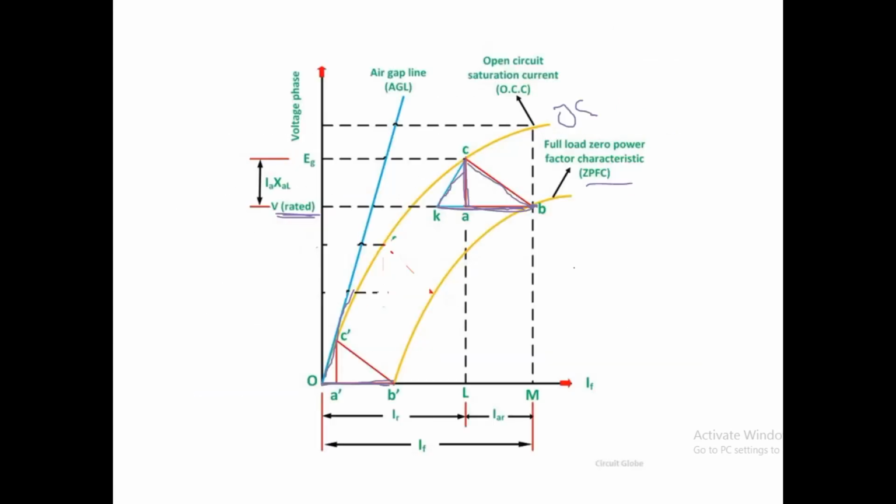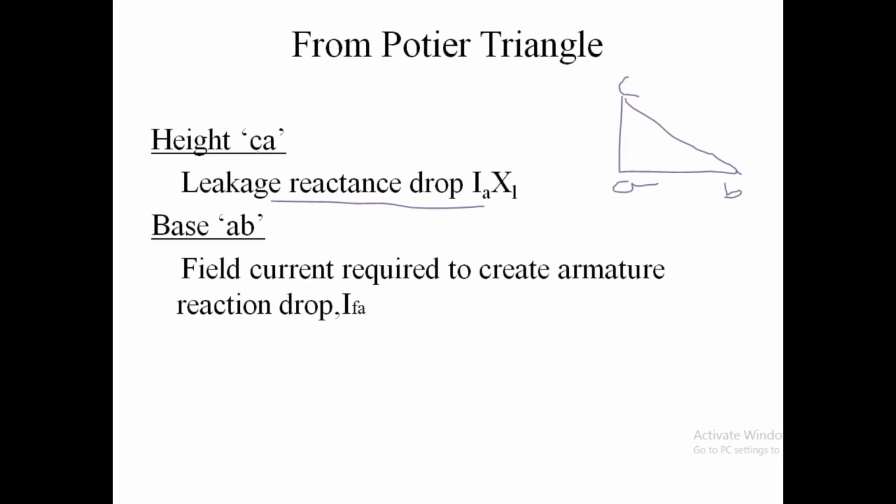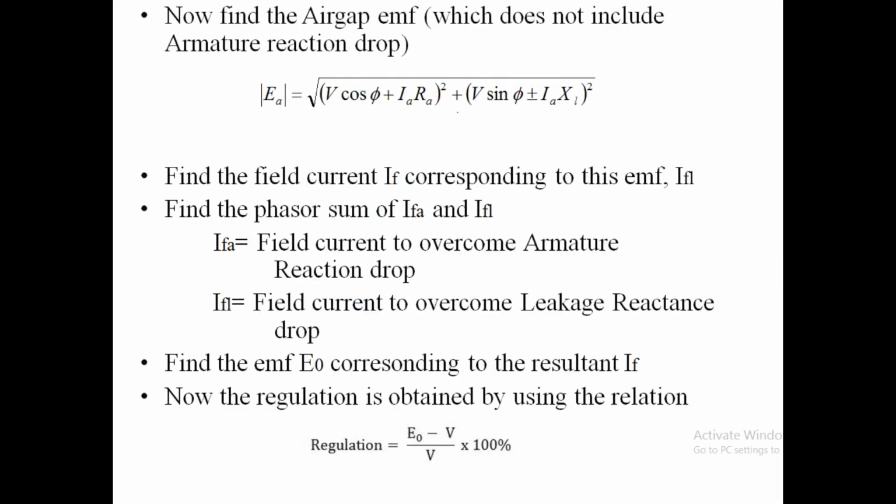You can note this down. On the y-axis, we always have voltage; on the x-axis, we always have field current. So this AC is a voltage, because it is a voltage vector.